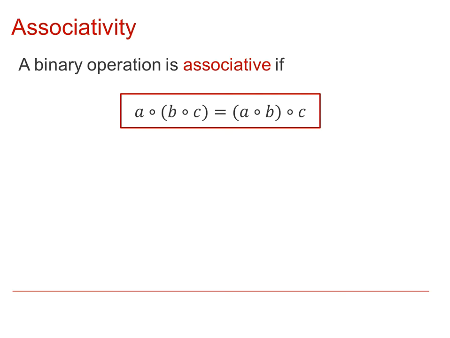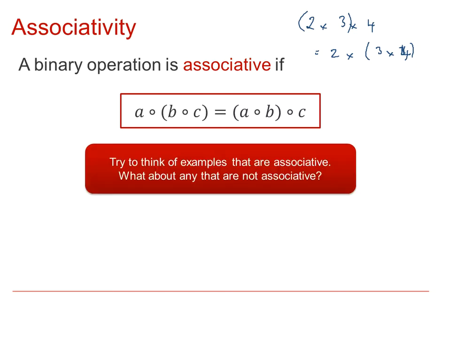You know that if you're doing 2 multiplied by 3 multiplied by 4, then you can put the bracket in first, so you can do that as 6 multiplied by 4 to give you 24, or alternatively you can do 2 multiplied by 3 times 4, and so we get 3 times 4 is 12 first. These are entirely the same as each other, so normal multiplication of numbers we would say is associative. It's not necessarily true for all types of things though.